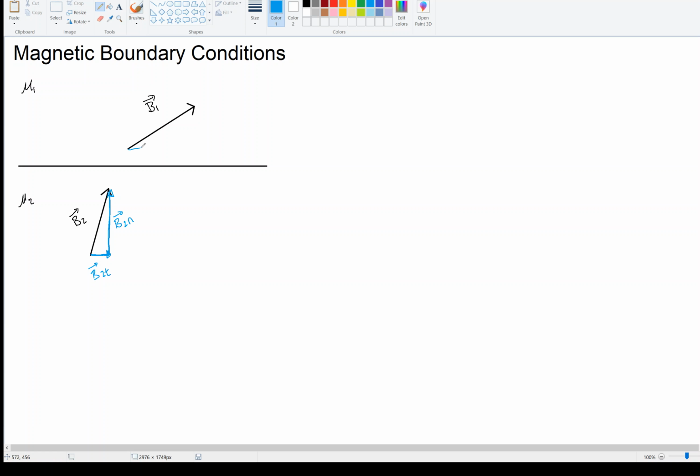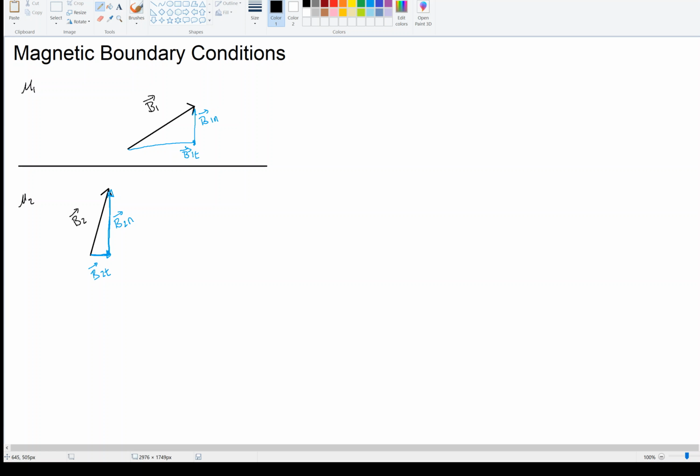Same with B1: it has a component that should be parallel, by the way, not very well drawn. We'll call that B1 tangential, and then B1 normal. The idea is to figure out the relationship between B2 and B1 as the magnetic field passes through this interface.